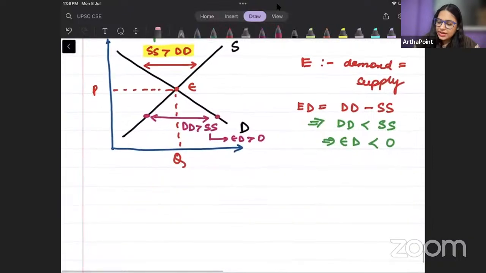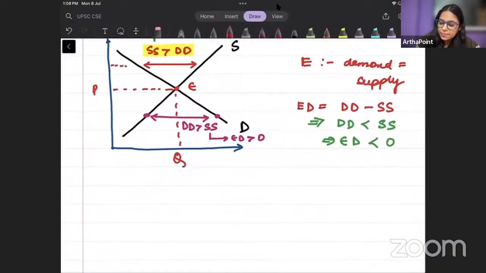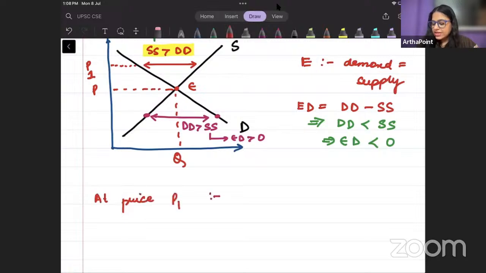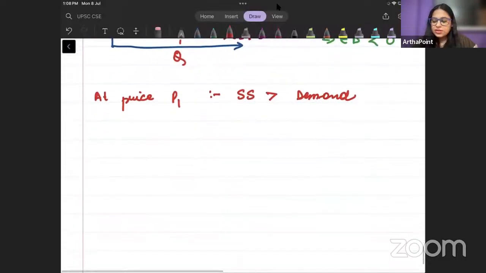Now try to understand. Suppose I tell you that I am at disequilibrium, at price P1. At price P1, we know that supply is more than demand. That means too much product has been left in the market.